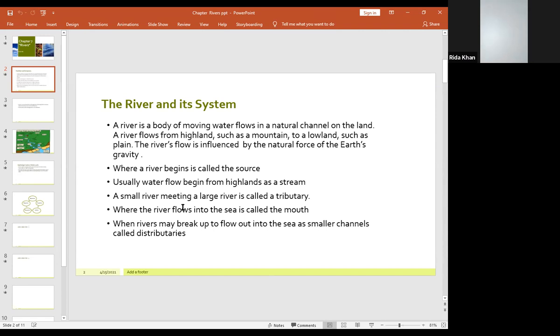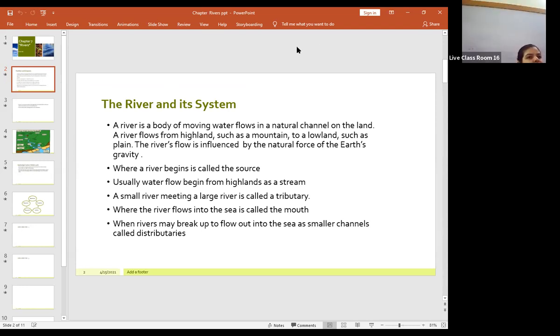The volume of water in the mainstream gradually increases as water from other streams is added to it, which is now a river. The smaller streams that join the main river are known as tributaries. The river ends when it flows into the sea at the river mouth. At the river mouth, some rivers may break up to flow out into the sea as smaller channels called distributaries.